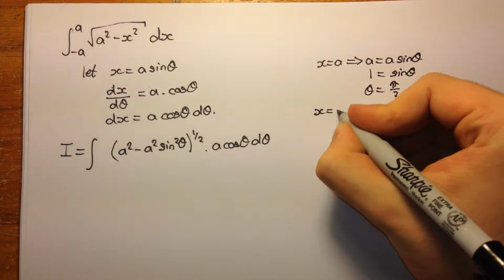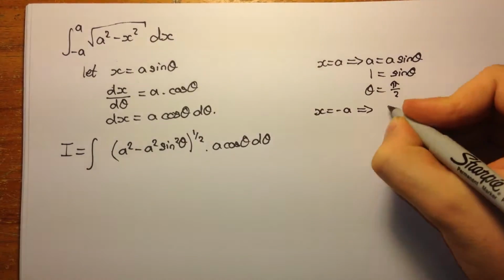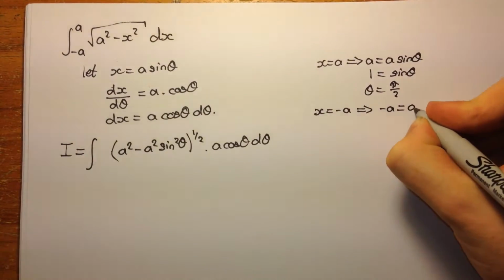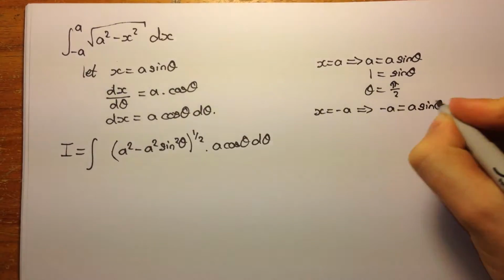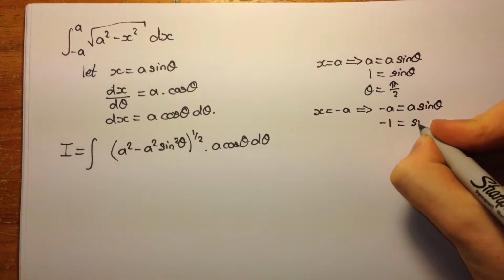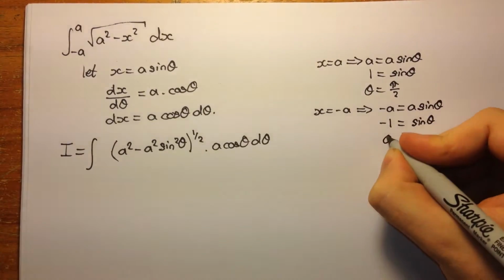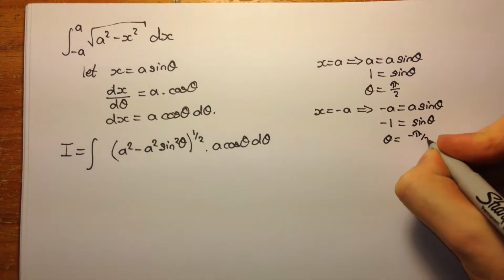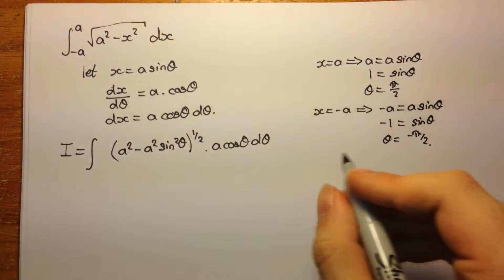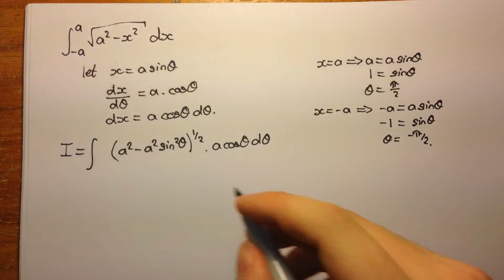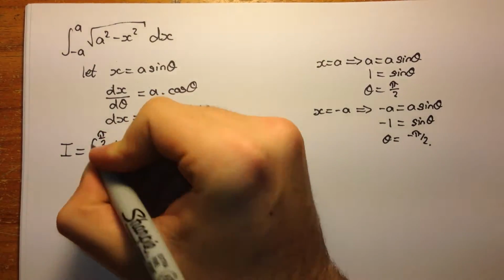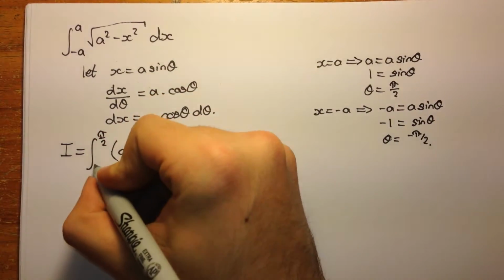Similarly, when we have x equal to minus a, we get minus a equals a sine theta, so minus 1 equals sine theta, and therefore theta is minus pi on 2. So now when x was equal to a, we had pi on 2, and when x was equal to minus a, we had minus pi on 2.